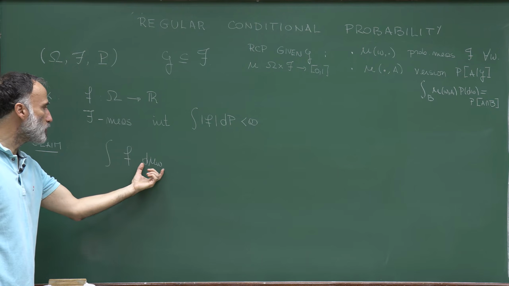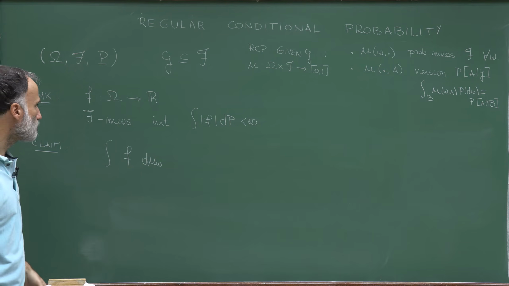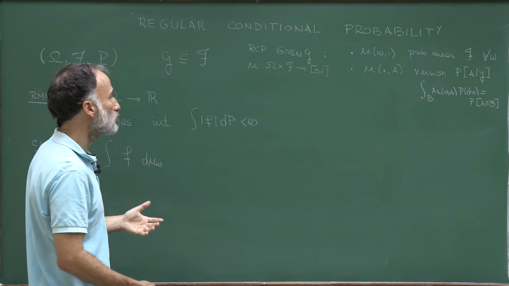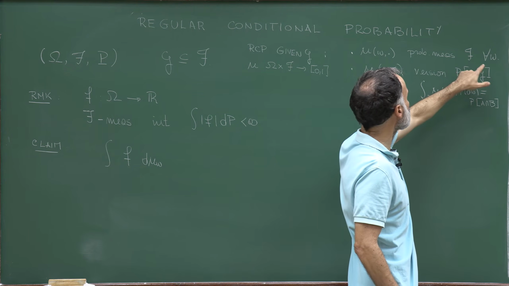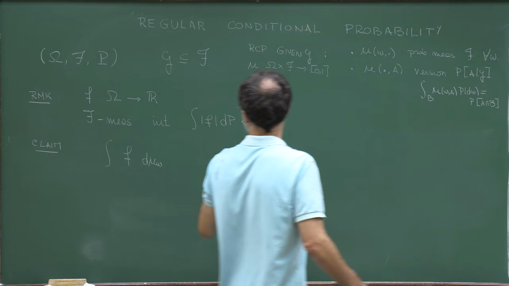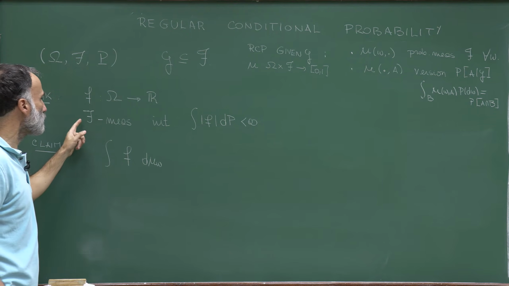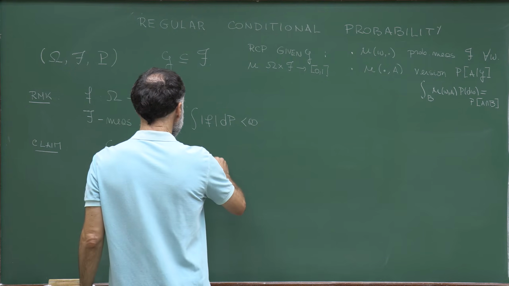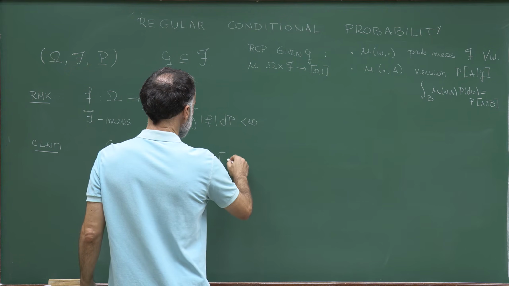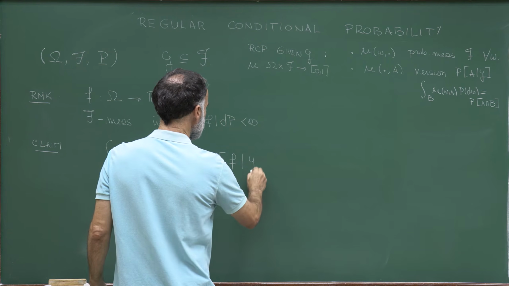I'm integrating a bounded function over a probability measure. Both of them are measurable with respect to the same space, same sigma algebra. Mu is defined on F, and I'm assuming here that f is F-measurable. And what I claim is that this is a version of the conditional expectation of f given G.